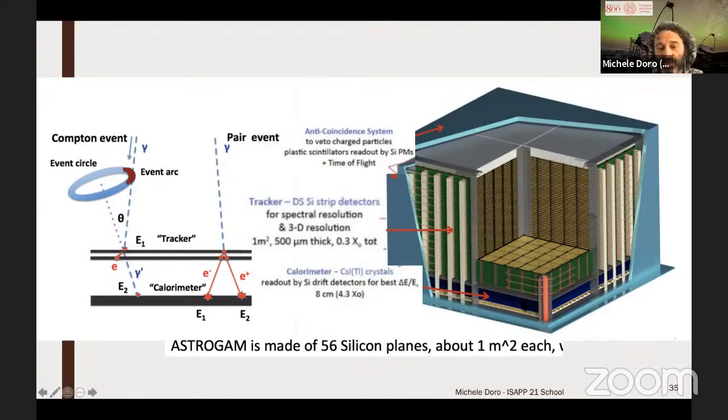On the bottom, you have the calorimeter, in which you now absorb the particle totally and measure the energy. Normally you also have a shield around the instrument, which gives you an anti-coincidence. You measure the cosmic rays there, and the time, and then you can reduce this cosmic ray background.